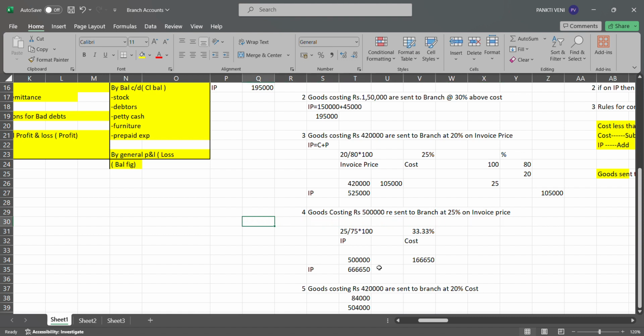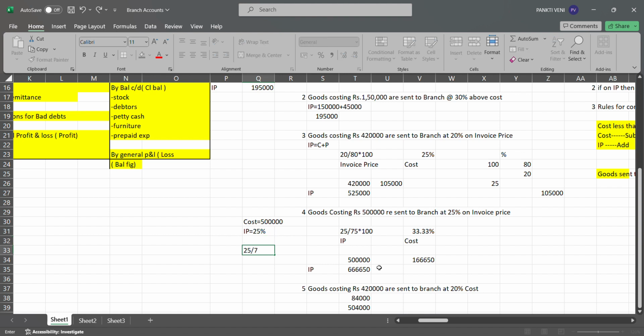Again, I have the cost, and the percentage is on invoice price. So how to calculate here? I cannot apply the invoice price percentage on cost. I'll have to convert this invoice price percentage into a cost percentage.